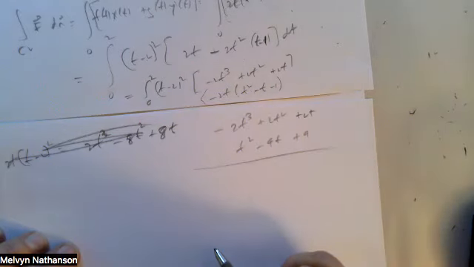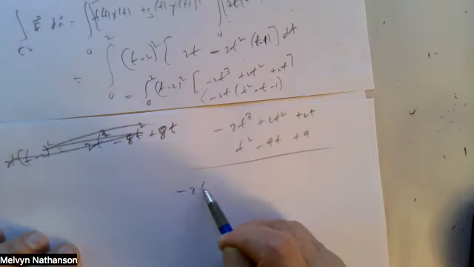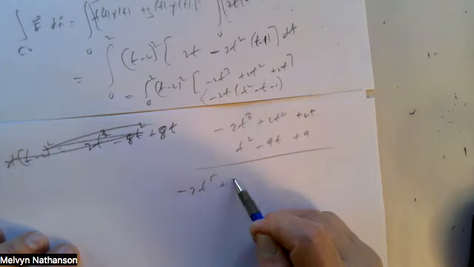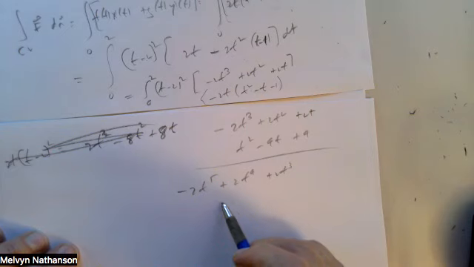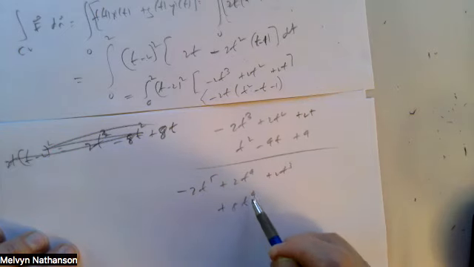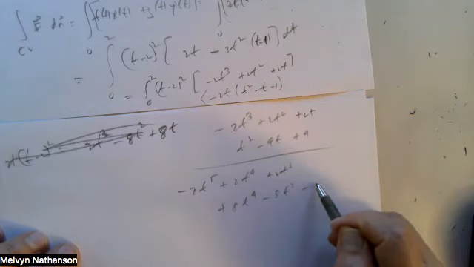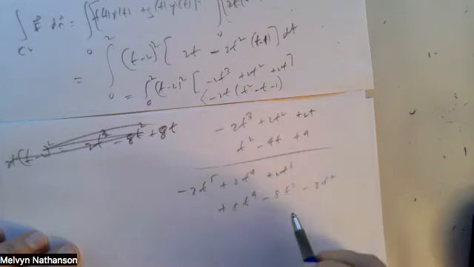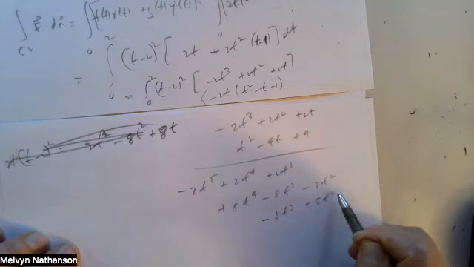If I multiply these together, I get minus 2t to the 5th plus 8t to the 4th minus 8t squared plus 2t to the 4th minus 8t cubed plus 8t squared, and so on.